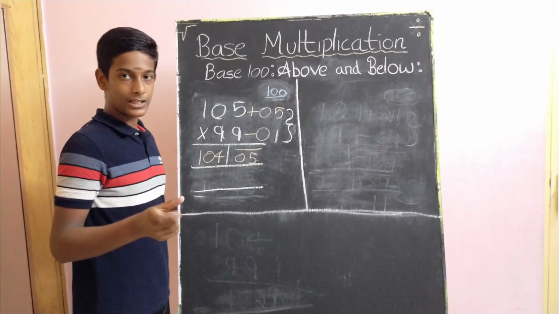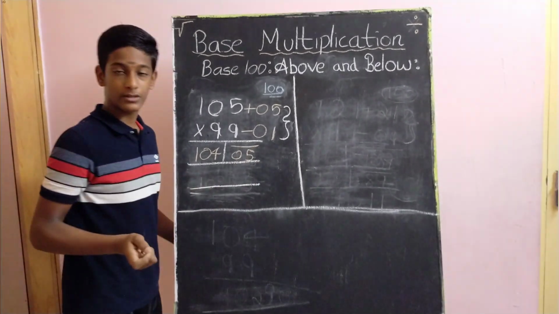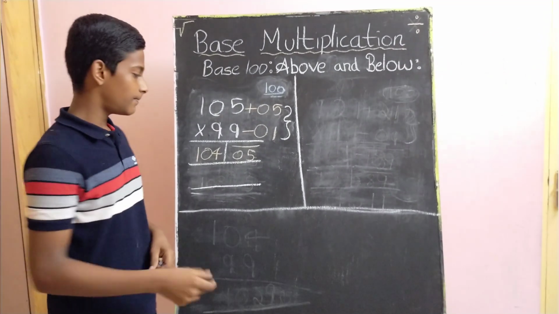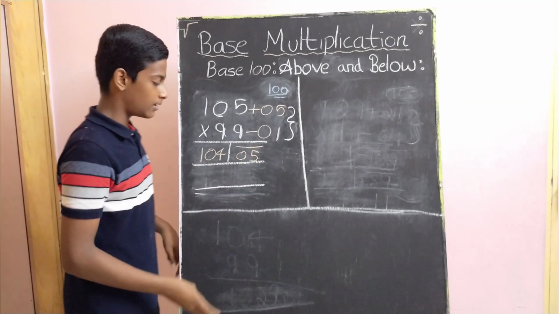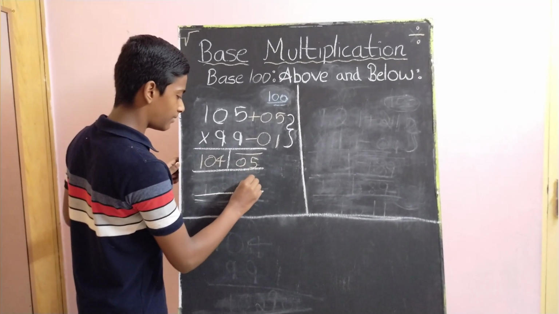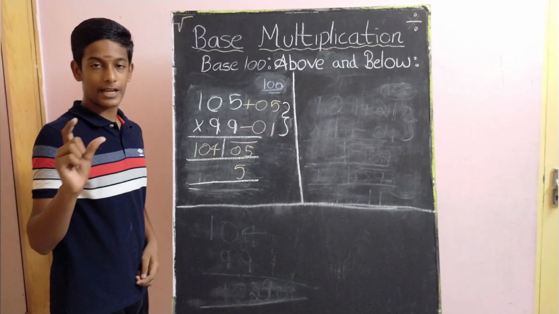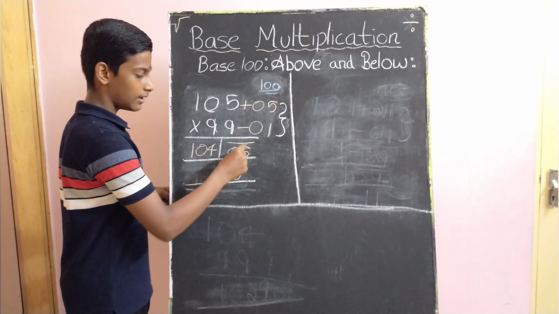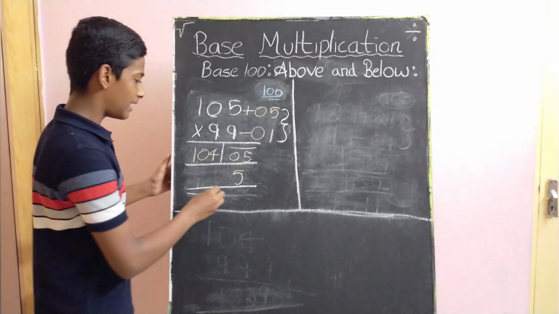That can be done using the all from 9 and last from 10 method. In this all from 9 last from 10 method, what are last numbers? The last numbers are the digits in their units place. Here 5 is in its units place, so 5 is the last number, and this must be subtracted from 10, which gives us 5. And as the name itself suggests, all from 9 last from 10, the numbers except the last number must be subtracted from 9.